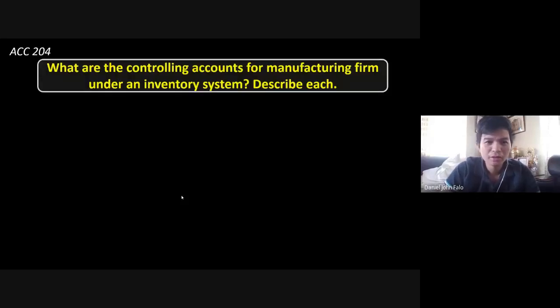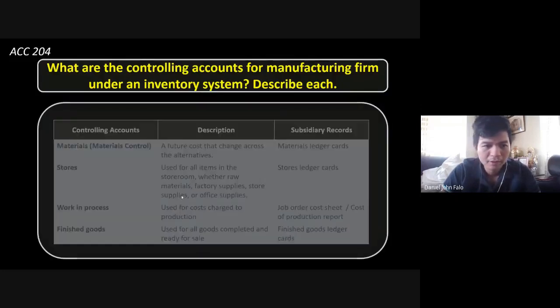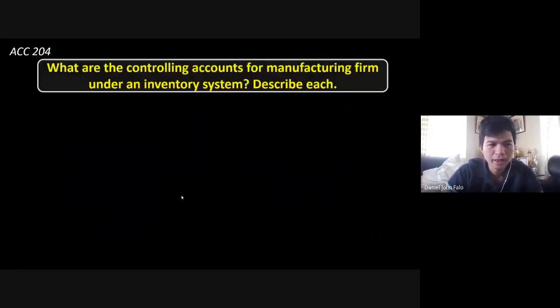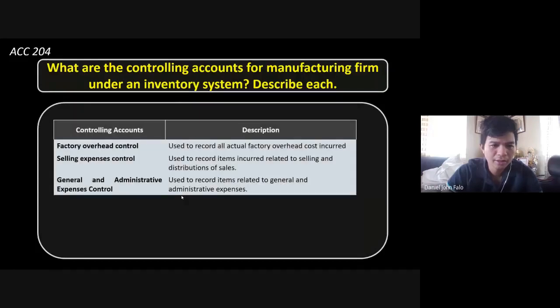What are the controlling accounts for manufacturing firm under inventory system? So we are using the following accounts: materials control, stores, work in process, finished goods, and other controlling accounts like factory overhead, selling expense, general and administrative.